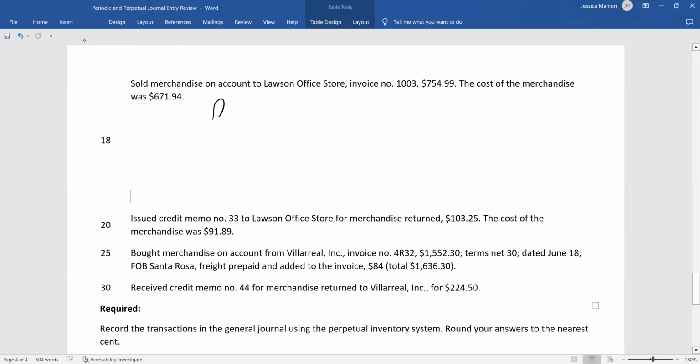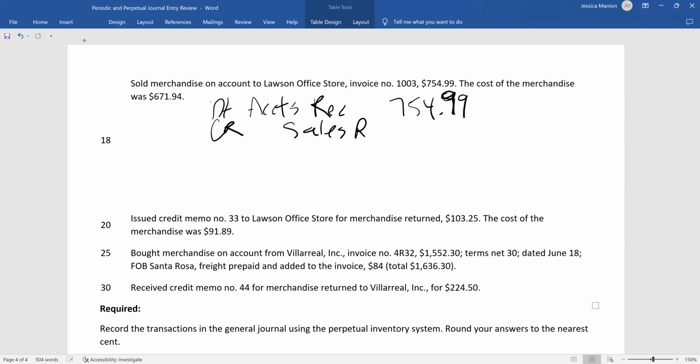So debit accounts receivable for $754.99. I don't know why my thing is being funky now. Credit sales revenue 754.99.